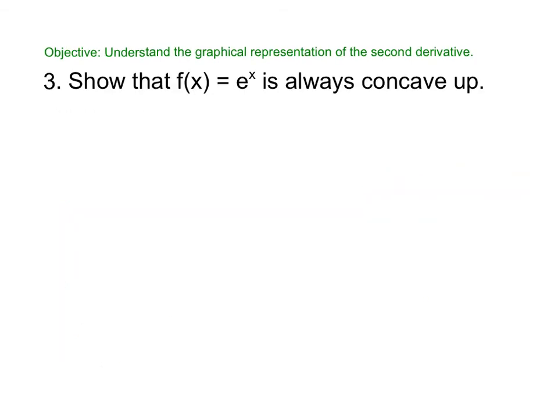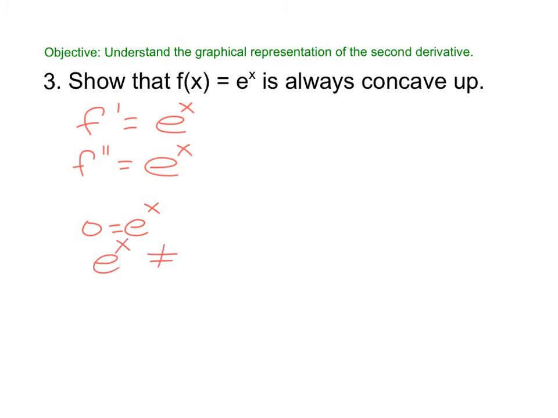Show that e to the x is always concave up. So we need to find our inflection points. F prime equals e to the x. F double prime equals e to the x. Where does 0 equal e to the x? E to the x never equals 0. So there are no inflection points.